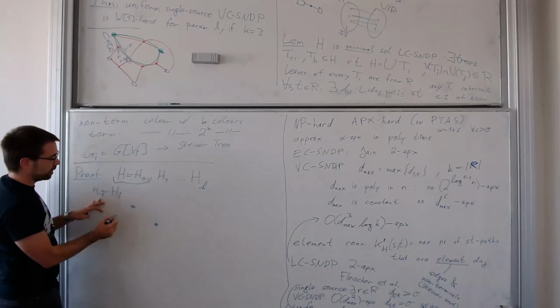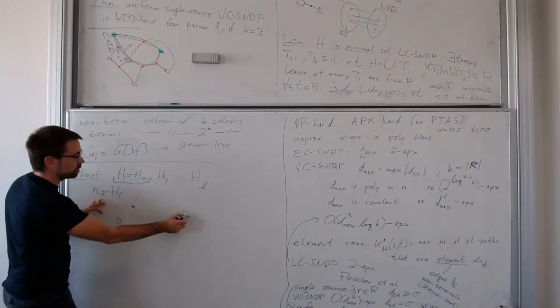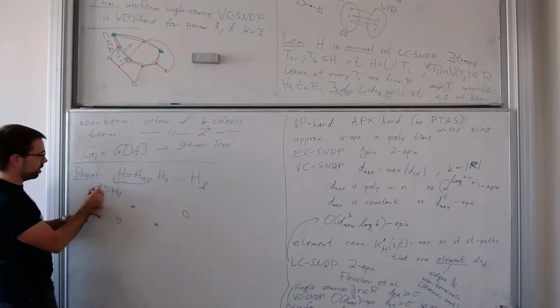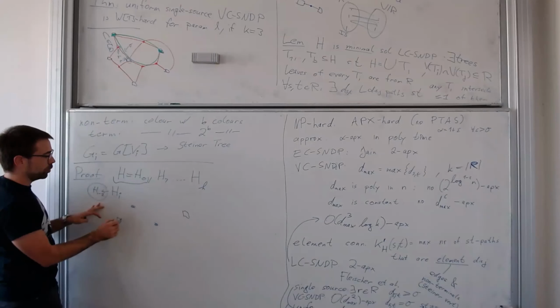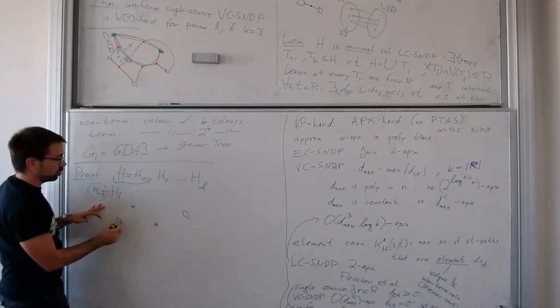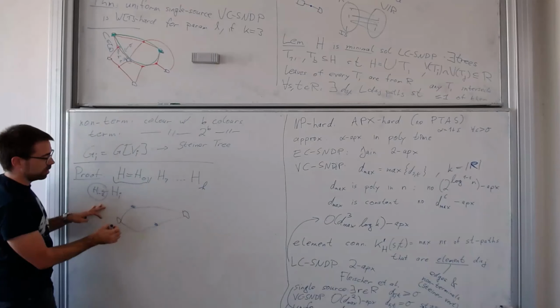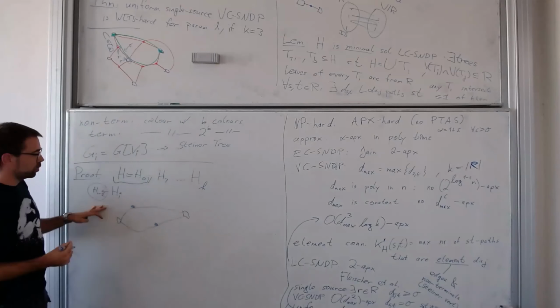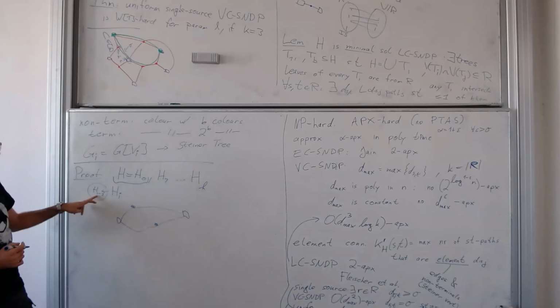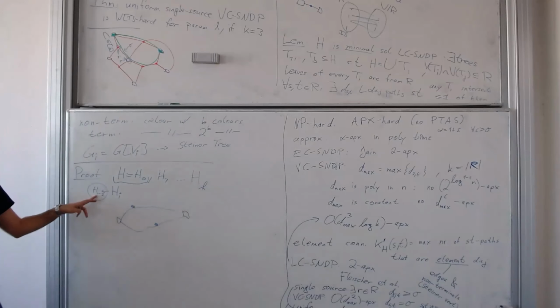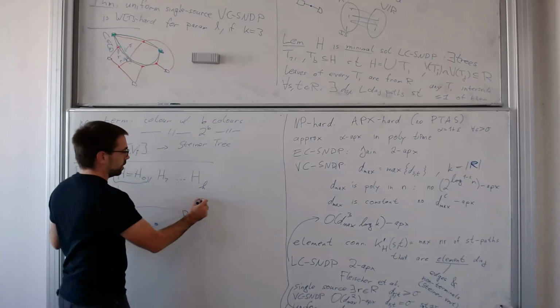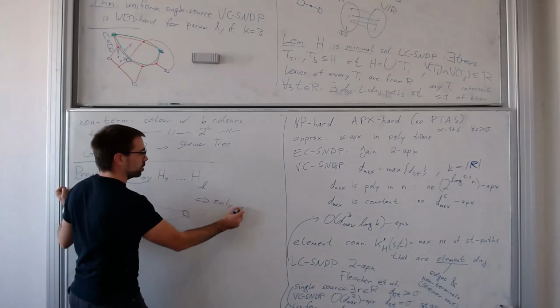But if you look at any terminal pair, you know that there are still enough element-disjoint paths connecting them, which means you could have deleted this edge already earlier, which is not true by the induction. So it means that we only use contractions.